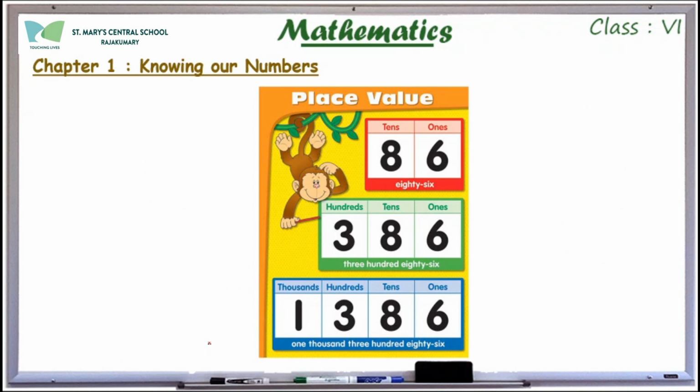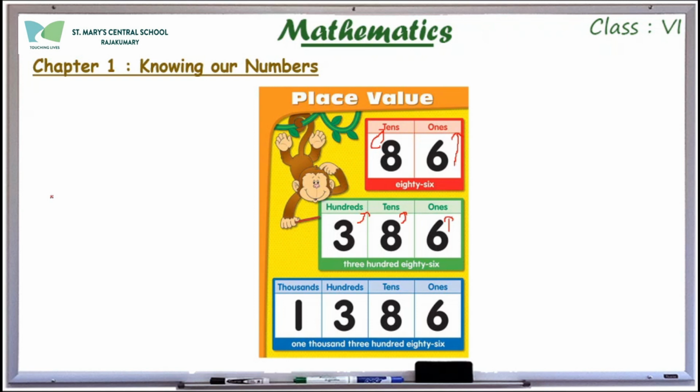And look at this figure. We have the number 86, and here 6 is at the place of ones, and 8 is at the place of tens. In the case of 386, 6 is at ones, 8 is at tens, and 3 is at hundreds.